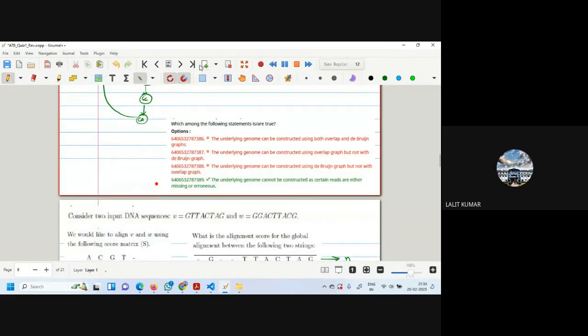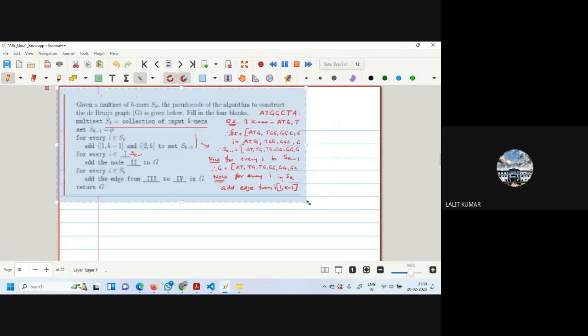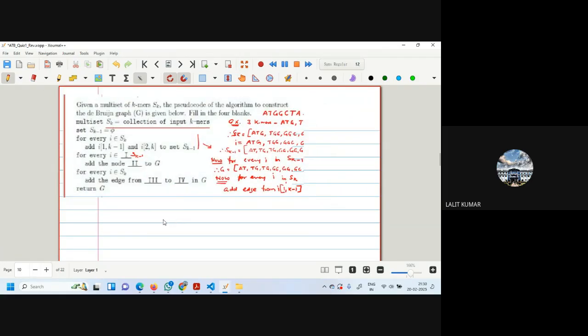So I'll just write it down here. In the de Bruijn path, for example, I'll take a small example. We had ATG, ATC, and CTC. So this is your Sk, the collection of input k-mers. And set Sk minus 1 is equal to nil, so there is nothing.